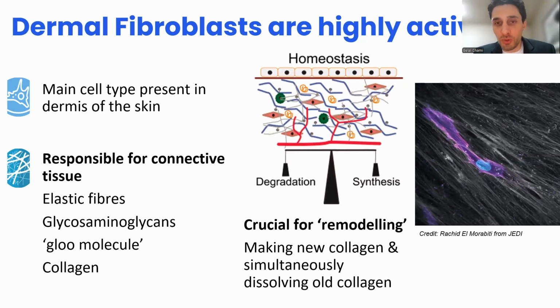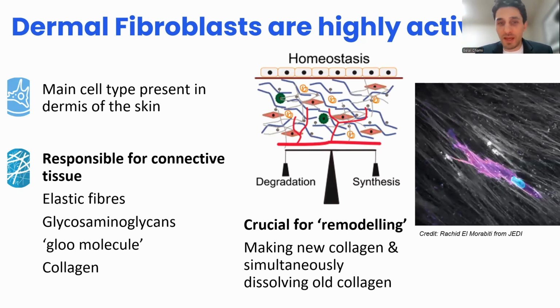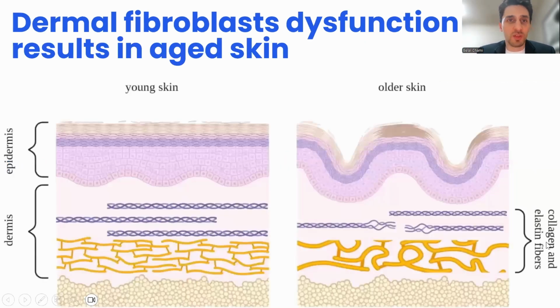It's important to remember that they're not only making these things, they're also degrading the old collagen. And so continuously they are renewing the skin surface. When they have a good balance between making and degrading, this balance is called homeostasis. Aging can flip this balance across, and I'll show you what that looks like.